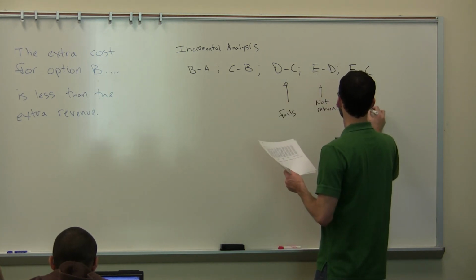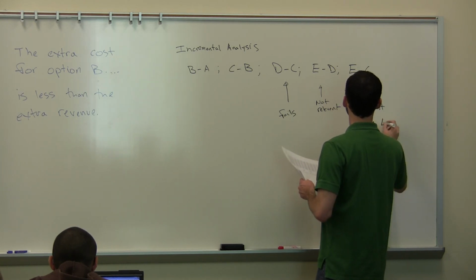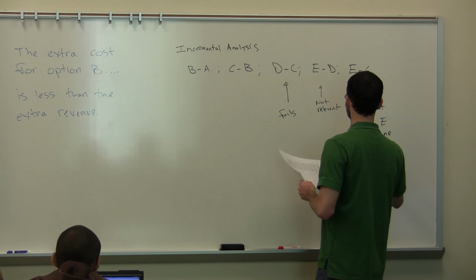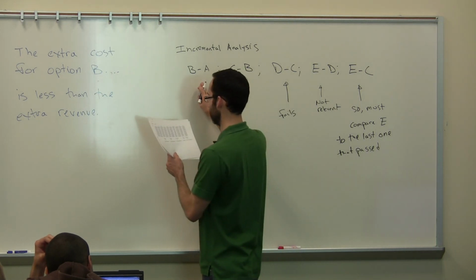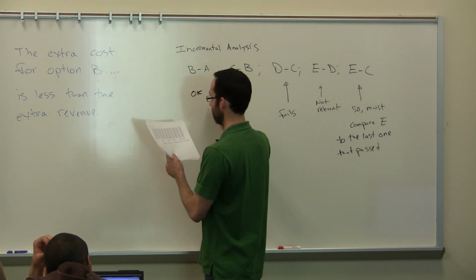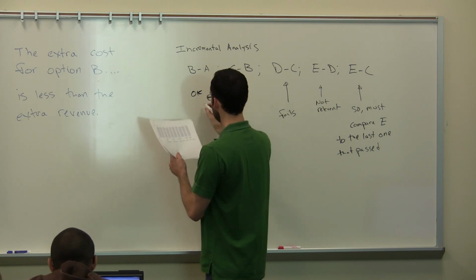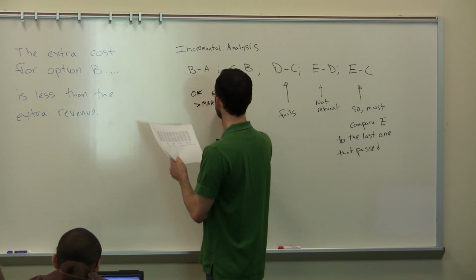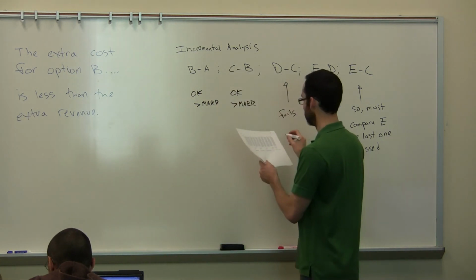So, must compare E to the last one that passed. So we'll find out B minus A is okay. C minus B, okay. Greater than 1. Okay.